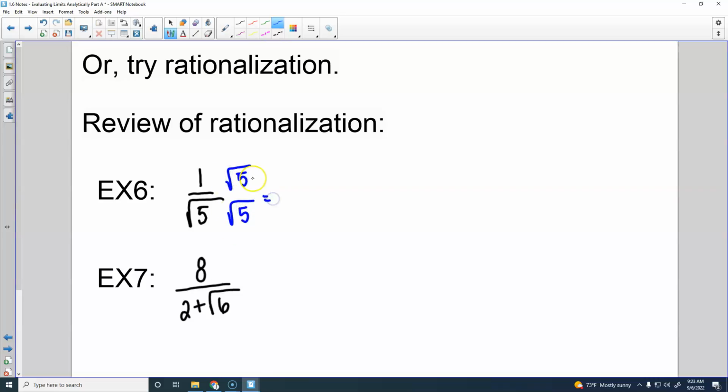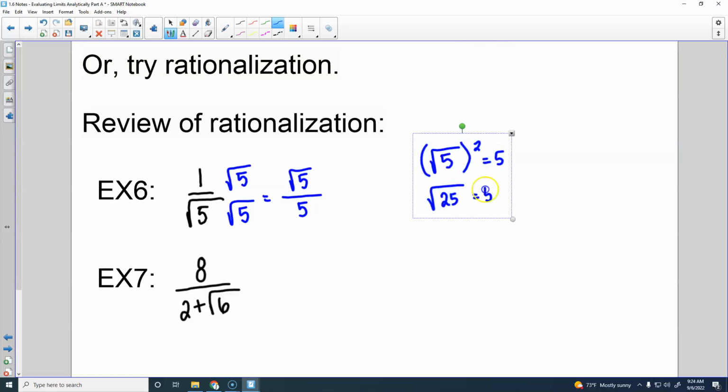And if we do that, we will get square root of 5 over square root of 5 times square root of 5 is going to just be 5, right? You can think of it a couple ways. It's either square root of 5 squared, in which case you get 5, or you could think of it as square root of 25, which is also 5. When you multiply a square root by itself, you get just that number, right? And so this would be your answer rationalized.